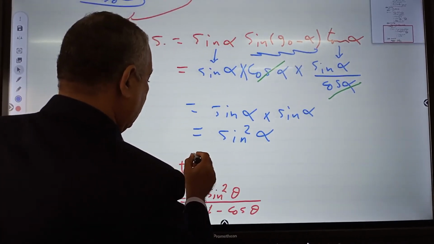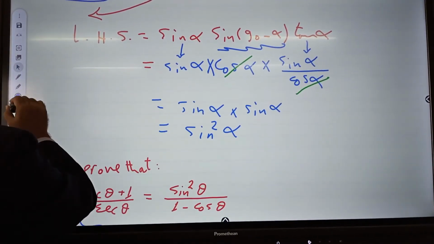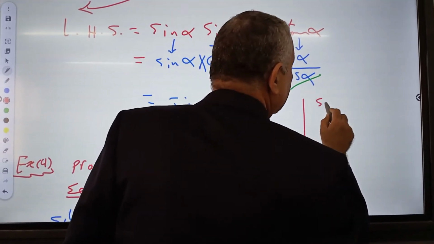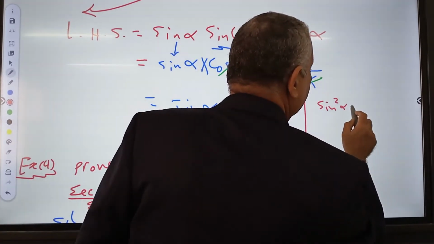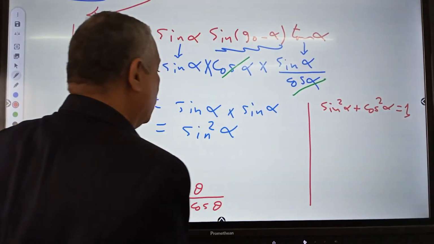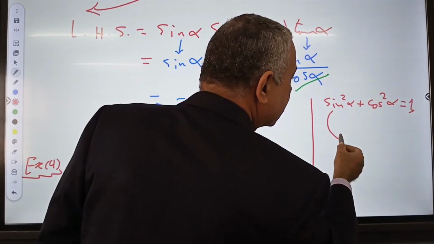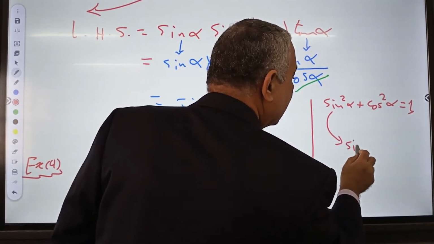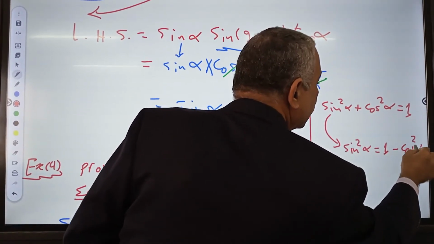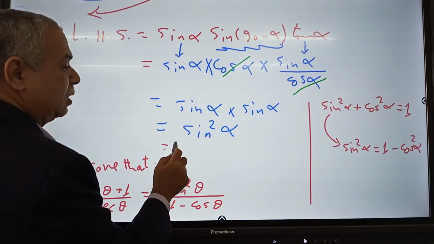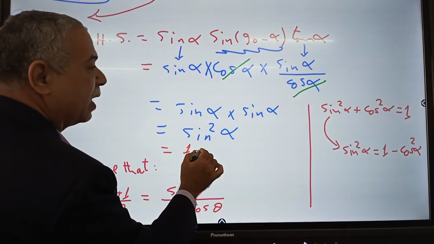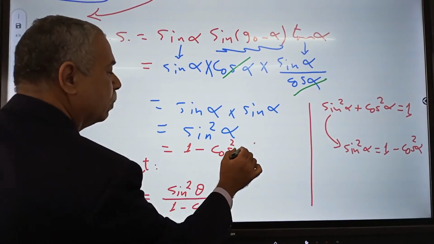And from our rule, sin²α plus cos²α equals 1, we can find the value of sin²α. Sin²α equals 1 minus cos²α. So sin²α equals 1 minus cos²α.